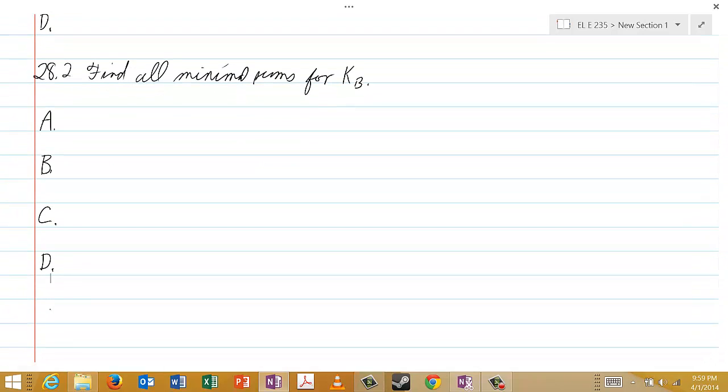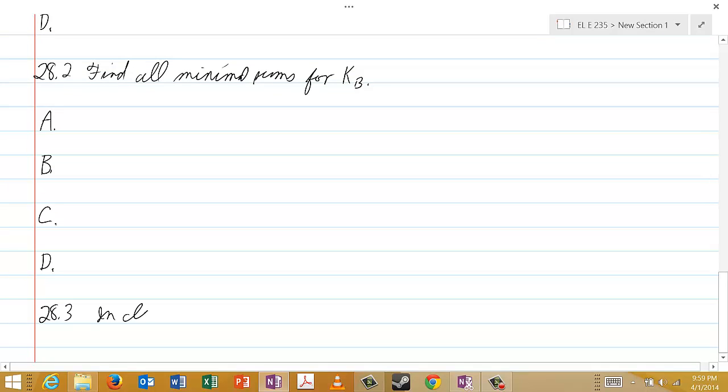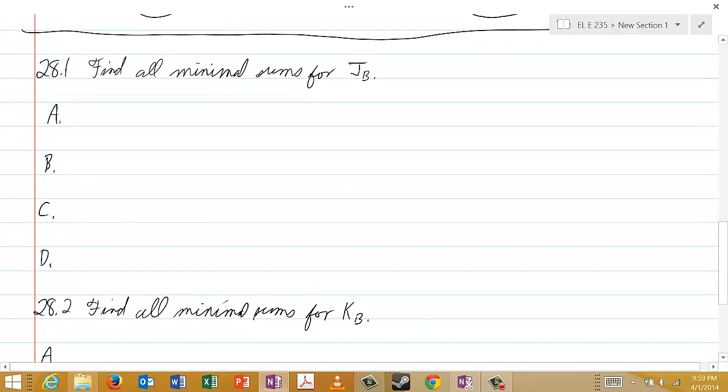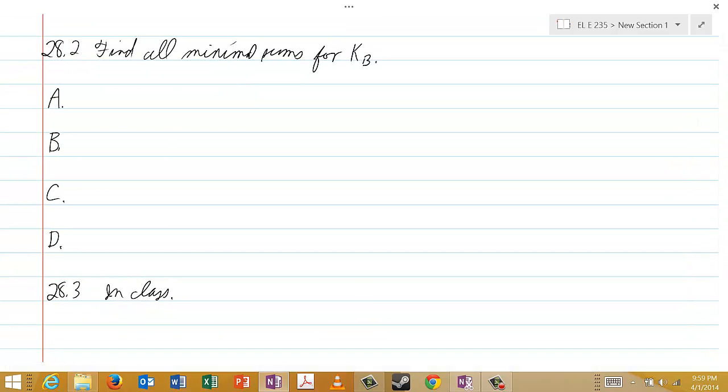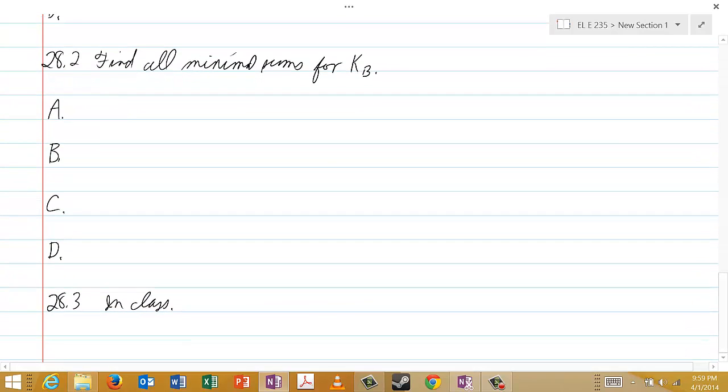And then 28.3 will be in class. And I'll break now for just a moment to fill in A, B, C, D for 28.1 and 28.2. We'll talk about those and then we'll be done.